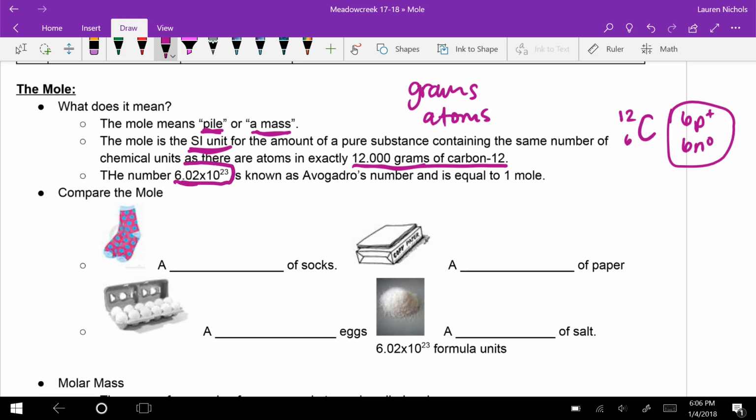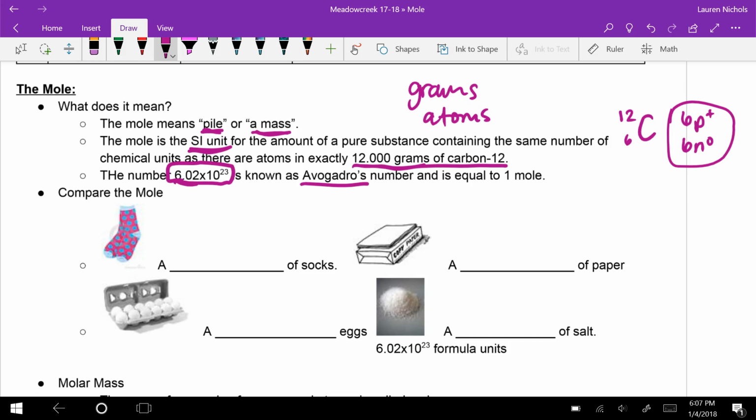6.02 times 10 to the 23 is known as Avogadro's number. Avogadro was this Italian scientist named Amadeo Avogadro, and he determined that number. He determined that in 12.00 grams of carbon-12, there existed 6.02 times 10 to the 23 atoms of that carbon. And so we can use this to say a whole bunch of things.